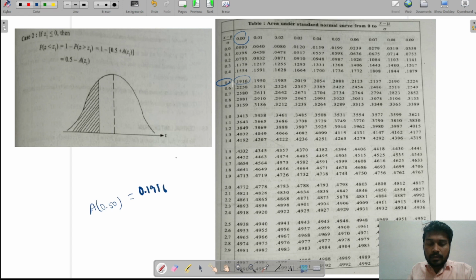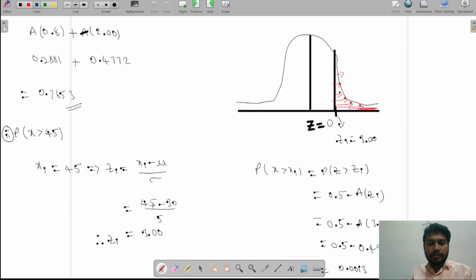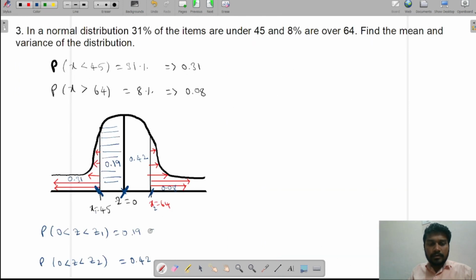Yes or no? Yes, we can say that. So this is the value of z. At z equal to 0.50, we have an area 0.1916. Okay, so I'm writing in the place of 0.19 as 0.50. Okay, I hope everyone understands. From the area, how did I convert it to the z variable?